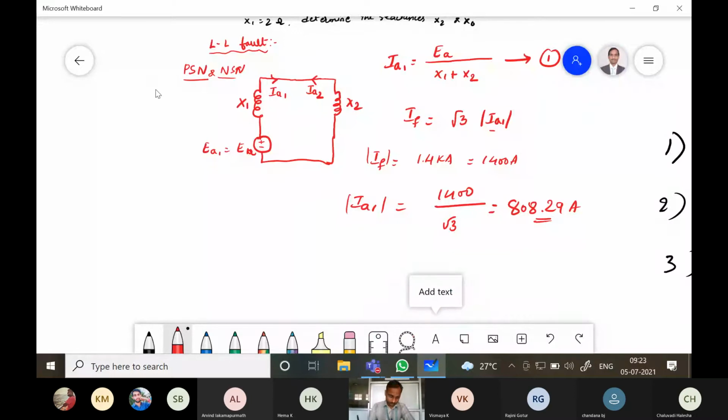Then substitute this value of IA1 in equation 1. We know the EA value and the x1 value, so find the x2 value.